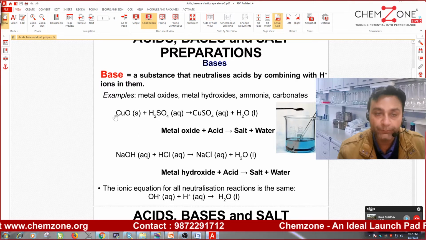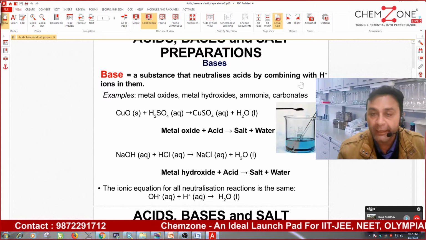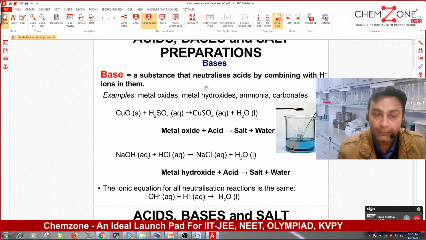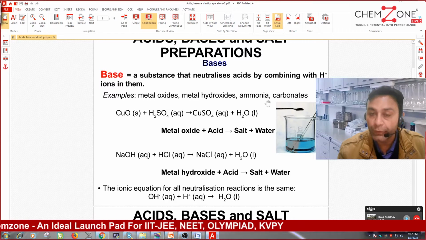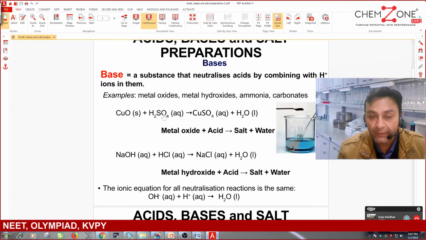See now, a base neutralizes the acid by combining with H positive ions in them. Metal oxide, metal hydroxide, ammonia, carbonate, these are the bases here. Copper oxide plus acid forms salt and water, so copper oxide is a base here.